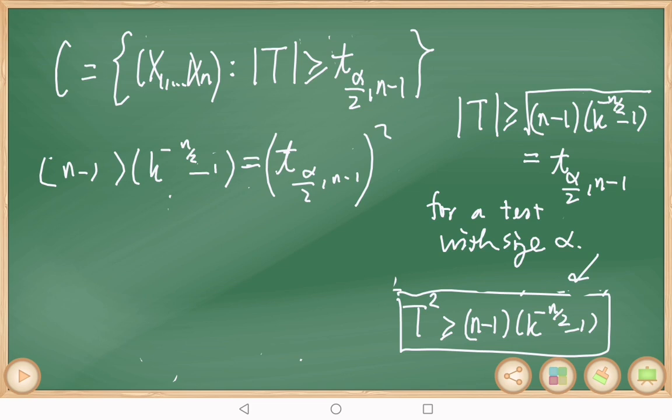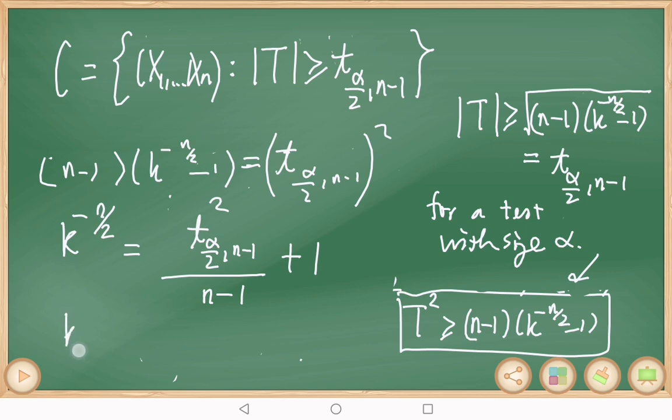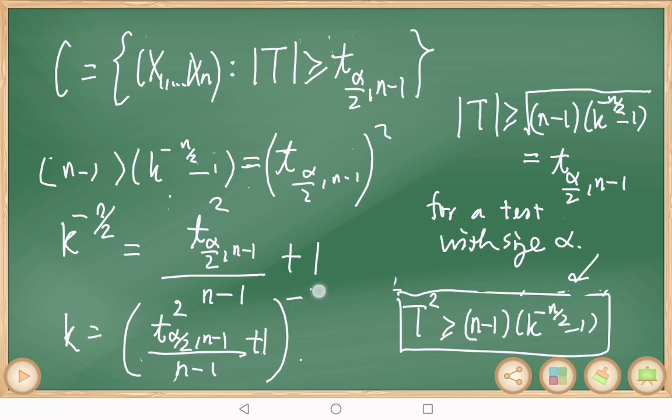So k minus n over 2 is the squared critical value divided by n minus 1 plus 1, and then finally k is basically this term here, raised to the power of minus 2 over n.